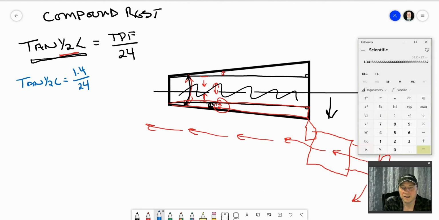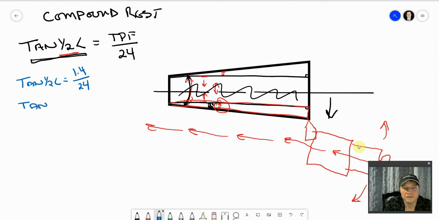So we call up our calculator here. 1.4 divided by 24 equals 0.0583. So tan of half the angle equals 0.0583. We'll just say 3 decimal places, okay? What have we solved?